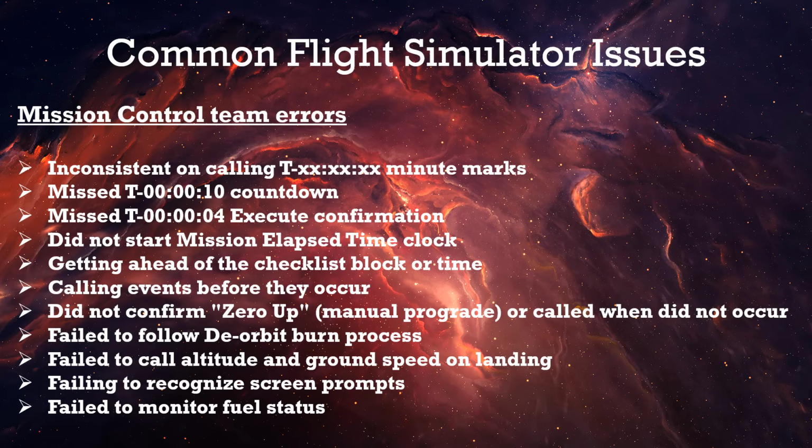At that point, there is no specific time for each time block. Up to that point, you'll see each time block has a T-minus minutes or a T-plus minutes mark as to when that block should start. Mission Control, specifically the mission director, should be calling out those T-minus and T-plus minute marks.